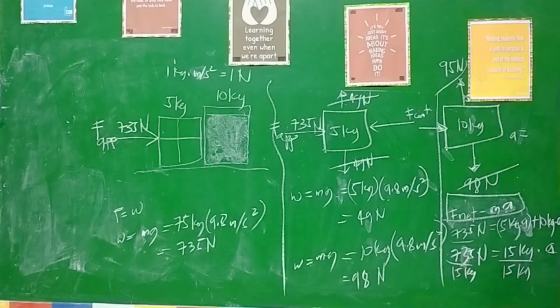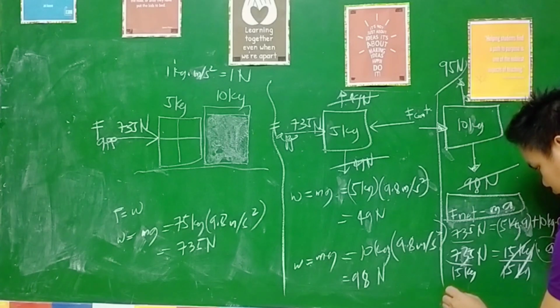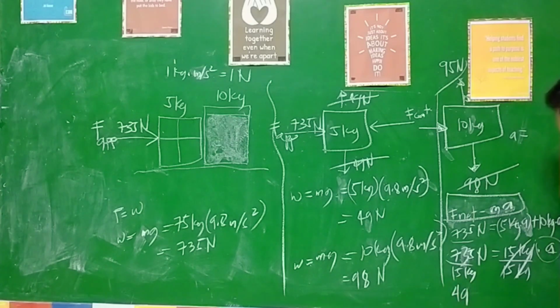The 15 kilograms cancel out, equal to 1. And your acceleration is 735 divided by 15, which is equals to 49.